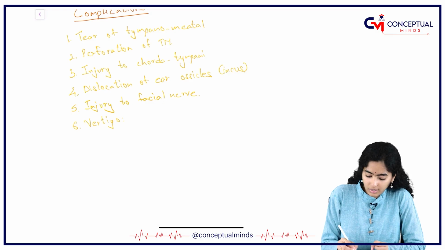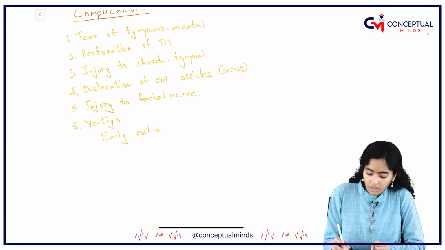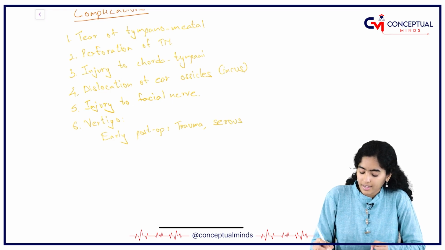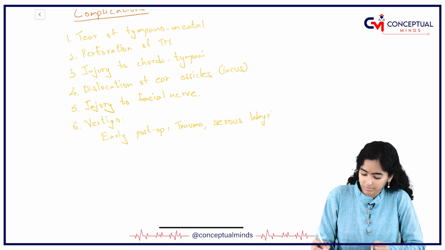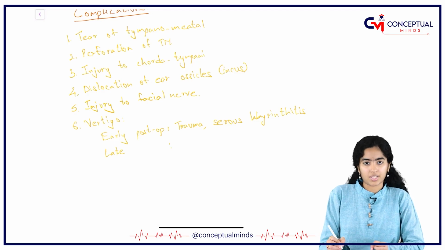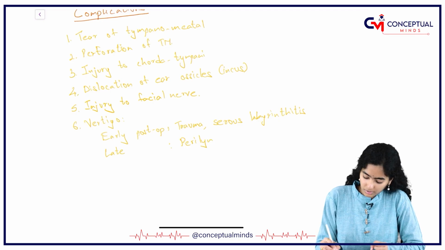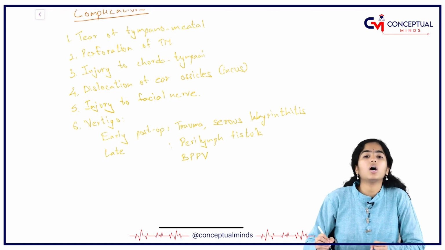So vertigo can occur in the early post-op period because of trauma or because of serous labyrinthitis, and it can occur late in the course after the surgery because of perilymph fistula and also because of benign paroxysmal positional vertigo.